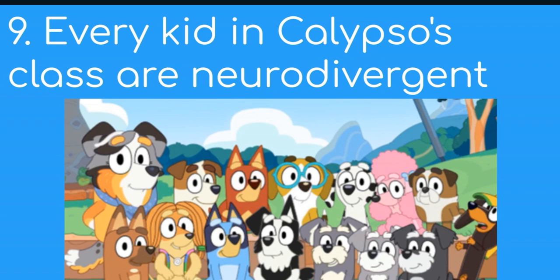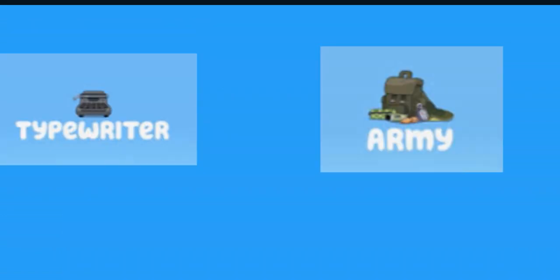9. Every kid in Calypso's class is neurodivergent. Neurodivergent. It's hard to say, but it means someone who has ADHD or disorders like this. So if you watch Typewriter in Army, you see, let's use Lucky for an example. Lucky lives over the fence with Bluey. Most people know that. But if Lucky lives pretty close to Bluey, he probably would go to the same school, right?